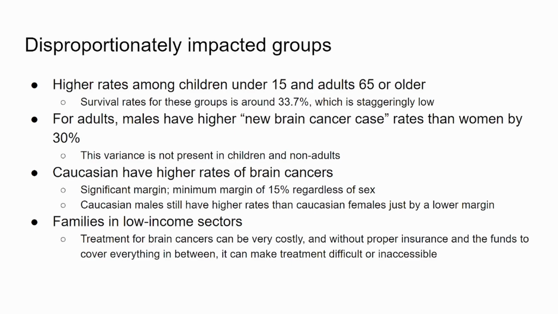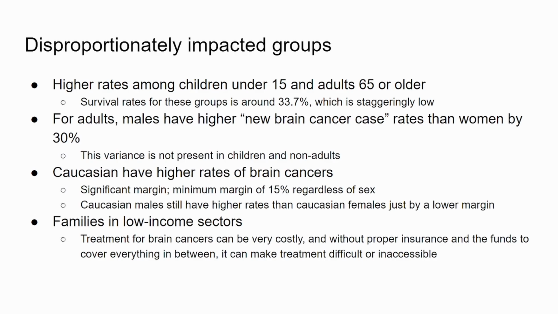Caucasians have higher rates of new brain cancer cases. It's a significant margin. It has a minimum margin of about 15% regardless of sex. Caucasian males still have a higher rate than Caucasian females, just by a lower margin.